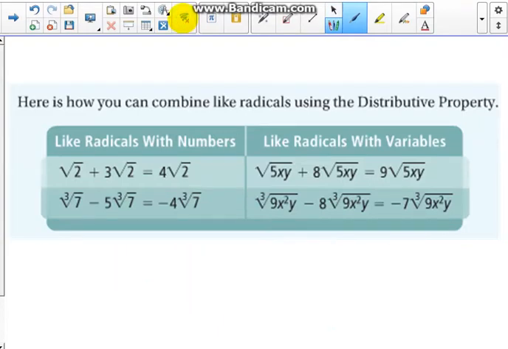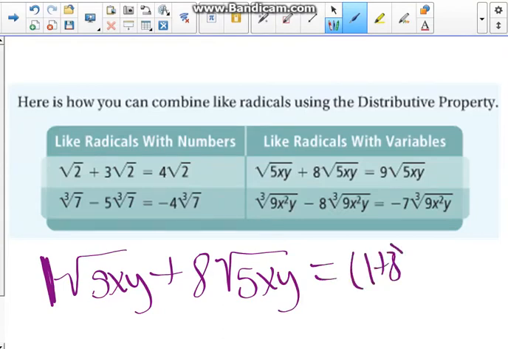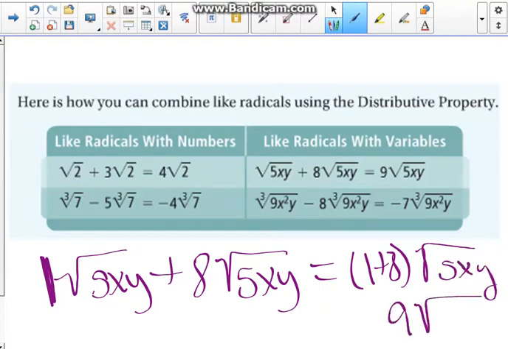Then like radicals with variables. They have an example here, radical 5xy, and if there's no coefficient, just put 1, plus 8 radical 5xy. That's the same as saying 1 plus 8 radical 5xy, which is 9 square root of 5xy.